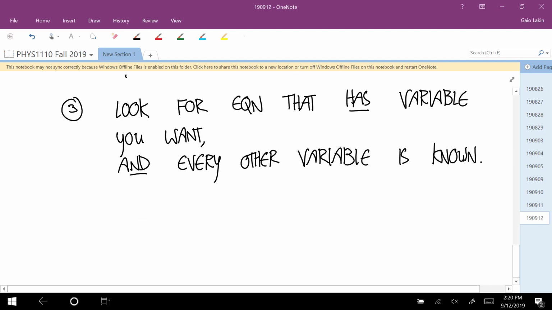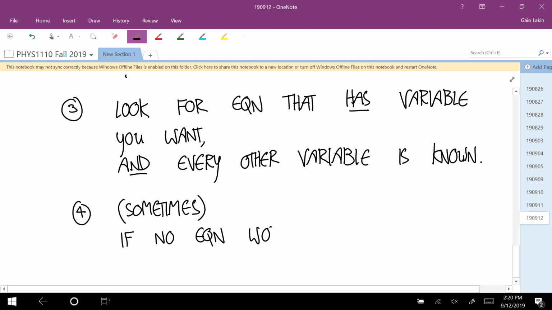And then 4, now you use this equation to solve for it. Sometimes there won't be an equation that works. That won't happen at first, but later on when we get into more complicated problems. If no equation works, then solve for another variable that you don't know.